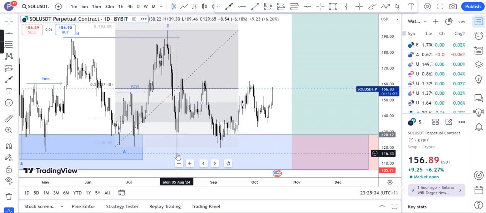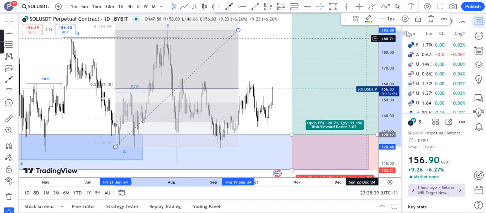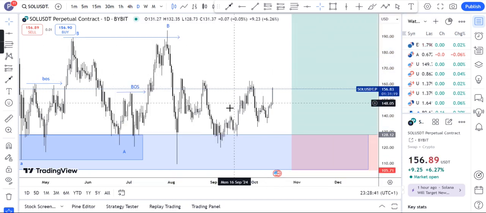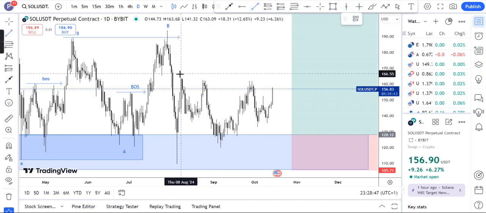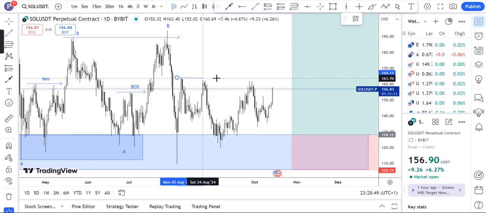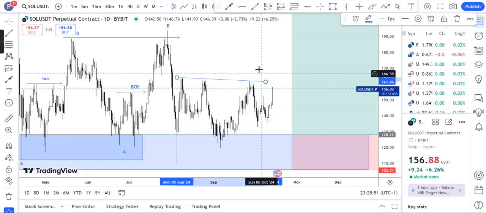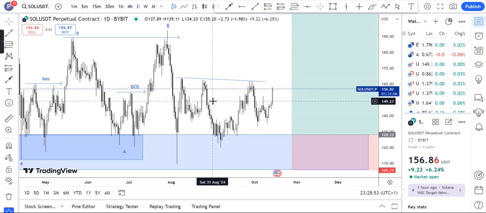Now this is actually a news, so I don't really know. Sometimes we can take that as a real impact. We can also overlook that impact, but then we can see liquidity resting here.